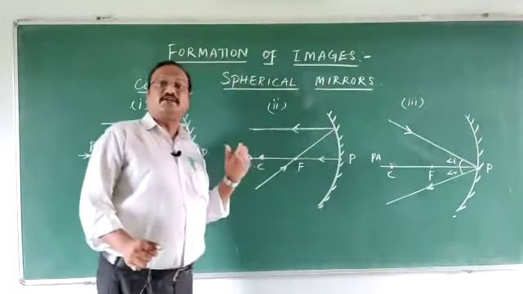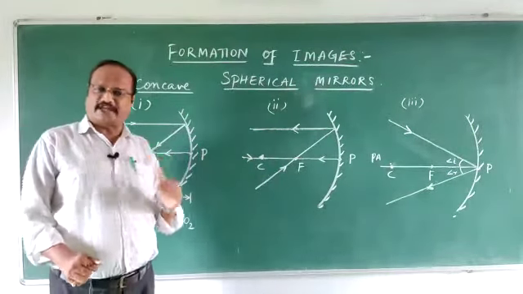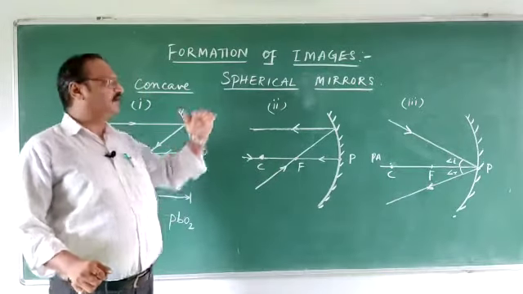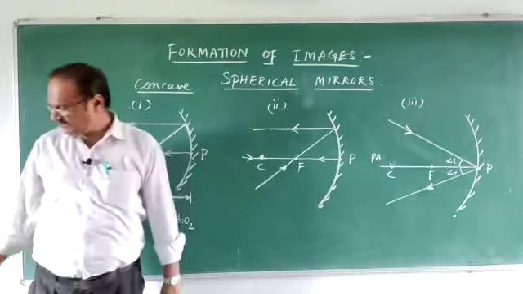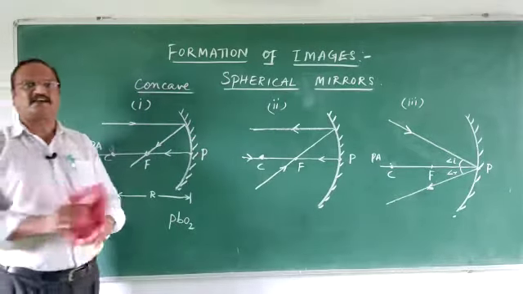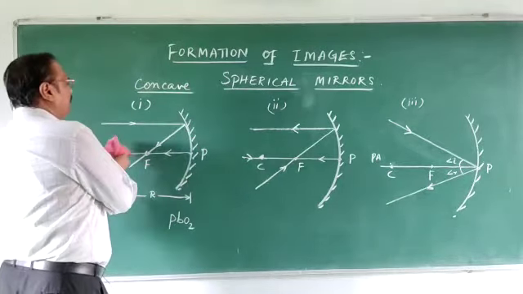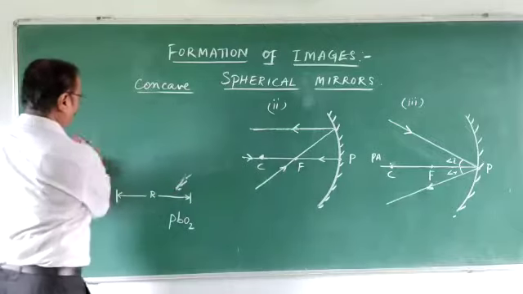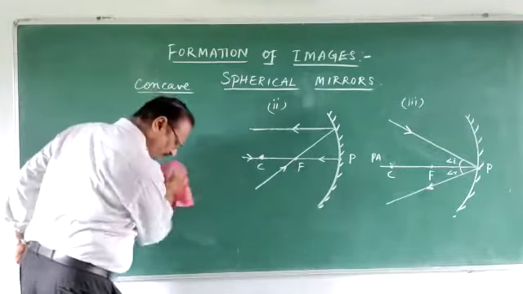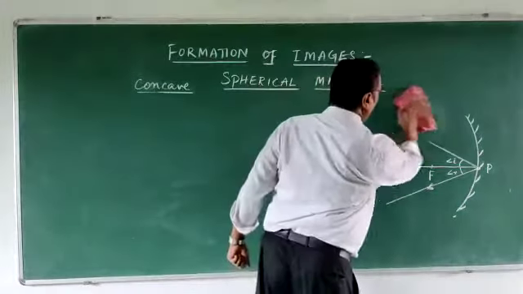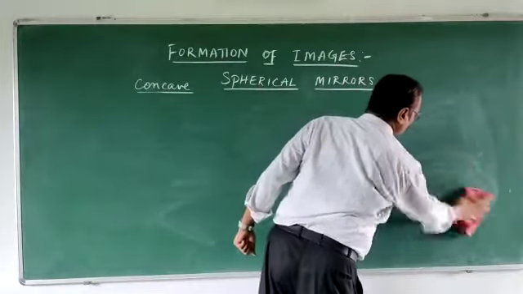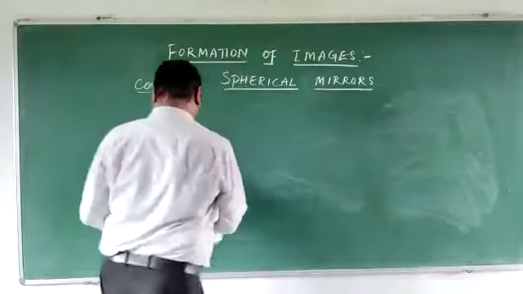I can use these three rays to locate the image for a concave mirror as well as a convex mirror. Now our first exercise today is a concave mirror, and you see how I am going to draw, right? Learn this properly, because these are the basic rays which we require in order to find or locate the image.